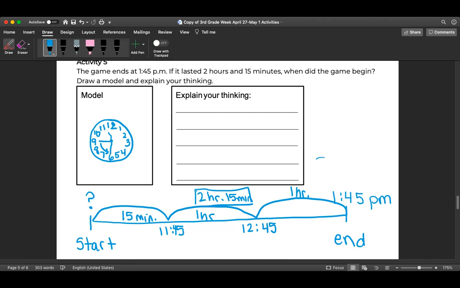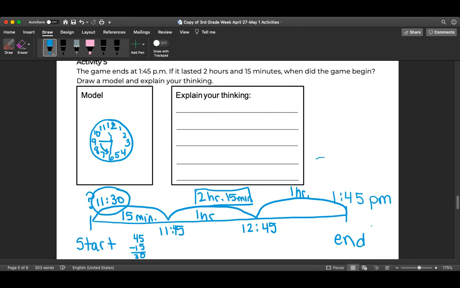And so instead of 11:45, 15 minutes before that would be 11:30. I could also figure out 45 minus 15, and that equals 30. So 11:30 would be the start time.